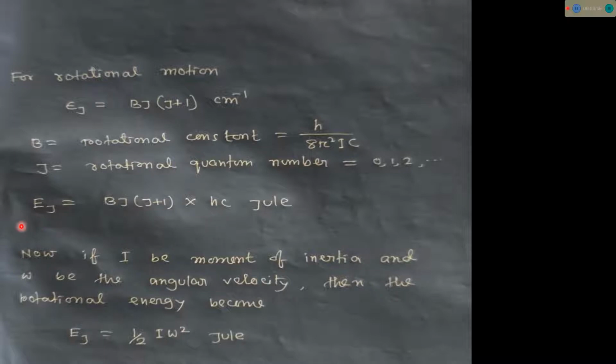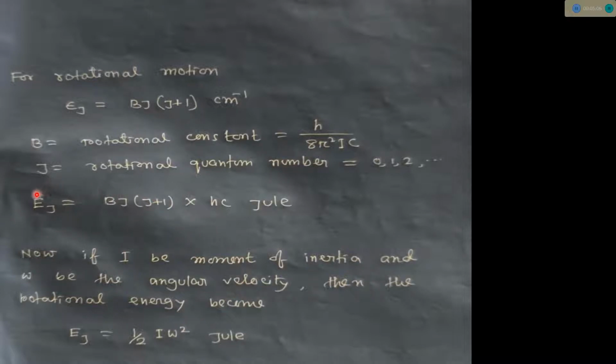So from quantum mechanical calculations, the energy expression for rotational motion is B J into J plus 1 into hc joule. Now if I is the moment of inertia and omega is the angular velocity, then the rotational energy becomes half I omega square joule. Please keep in mind, the first is from quantum mechanics and the second is from classical mechanics.